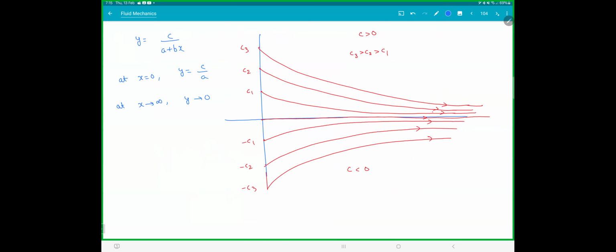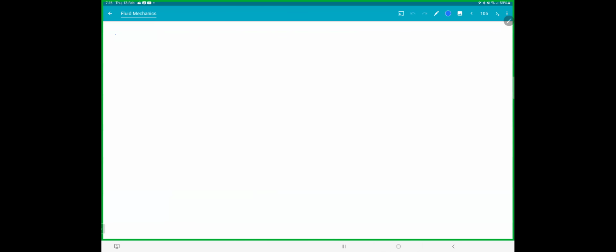Next thing, equation of continuity. So this is another form of law of conservation of mass.